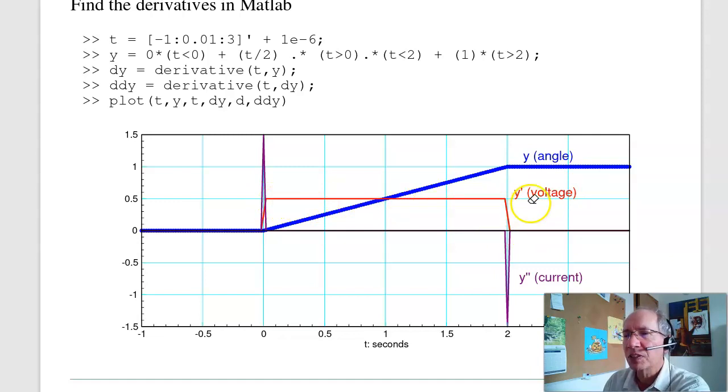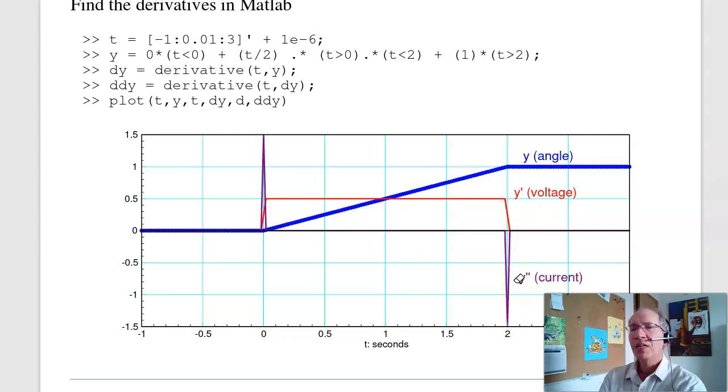That's the voltage that I apply to the motor. I have this jump discontinuity, which isn't a big deal. That's like you turn on the light switch. If I take the second derivative, that's the derivative of the red line. It's 0, jumps to infinity, goes back down to 0, jumps to minus infinity, goes back down to 0. That's the second derivative.